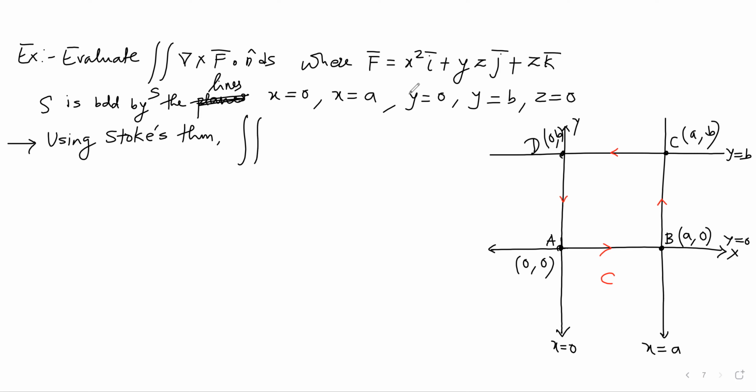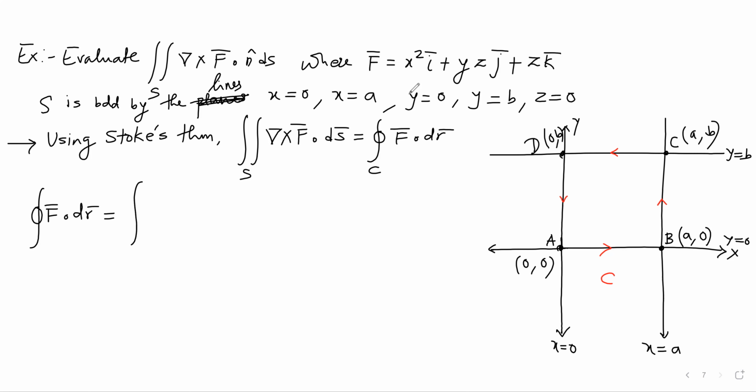So the double integral of del cross F dot dS is the same thing as the line integral F dot dr. And that's very simple to find. One can solve it like this. So what we do is we just find the line integral F dot dr.